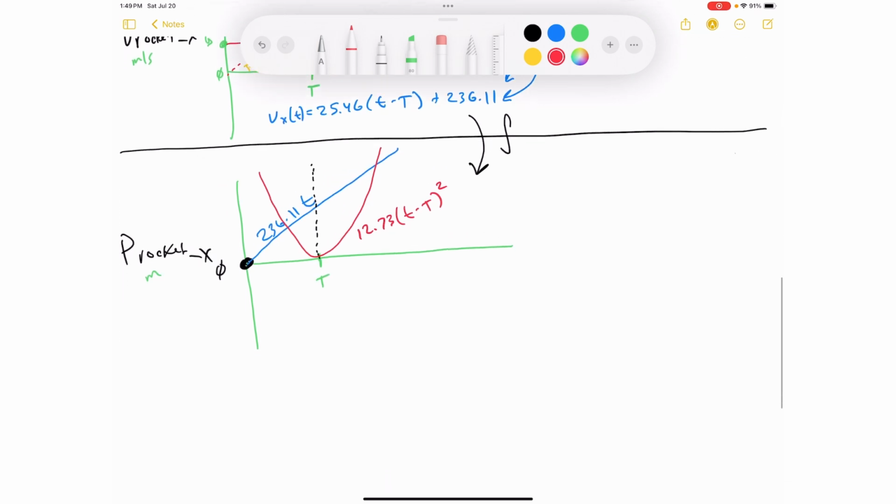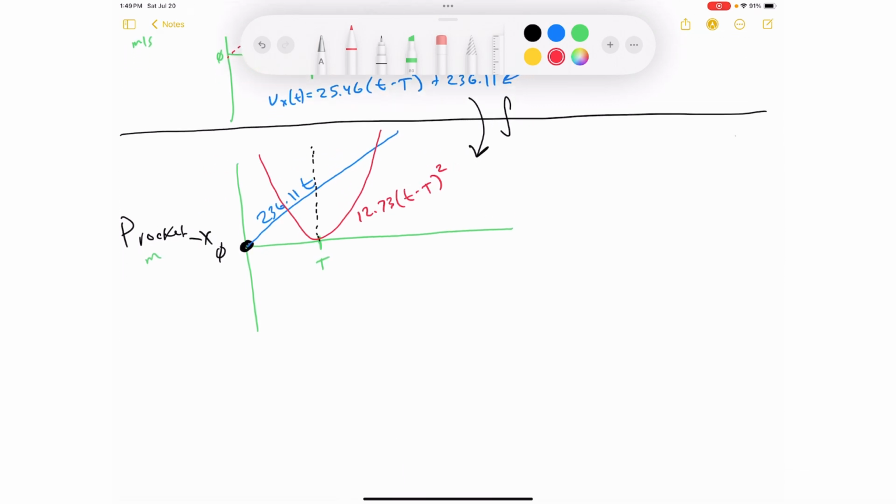So I can say 12.73 (t minus T) squared plus 236.11 t. And this function is the position in x of the rocket as a function of time, little t.